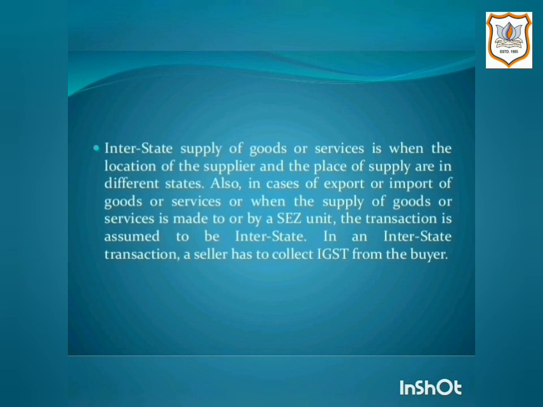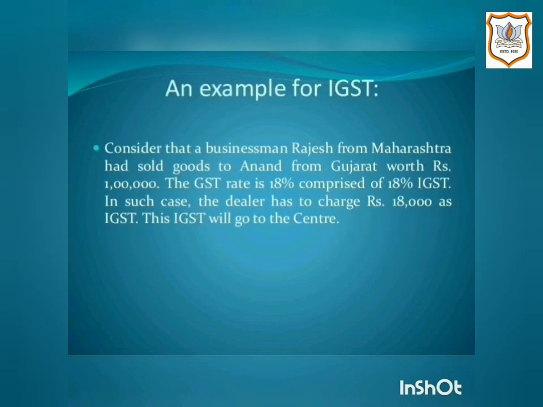Let us understand it with an example. Consider that a businessman Rajesh from Maharashtra had sold goods to Anand from Gujarat worth rupees 1 lakh. The GST rate is 18%, comprised of 18% IGST. In such case, the dealer has to charge rupees 18,000 as IGST.